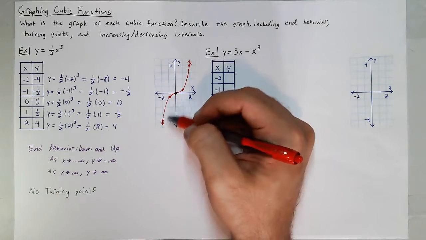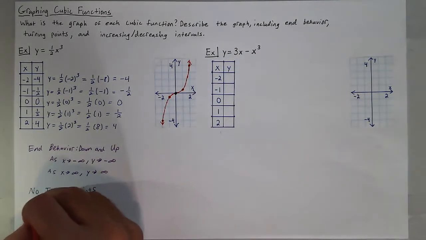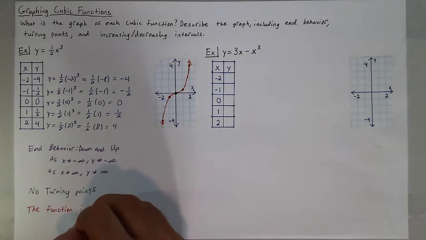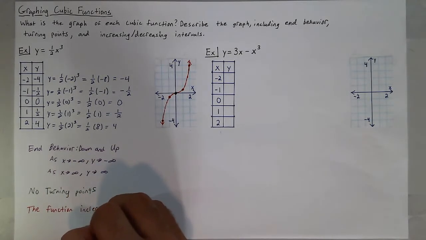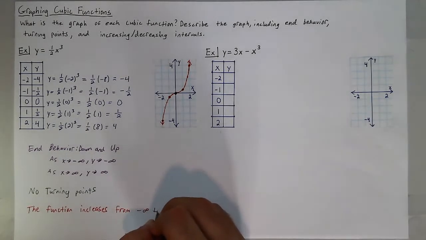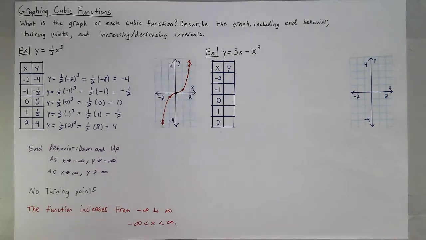So we say it's increasing the entire time. So the function increases from negative infinity to positive infinity. And that's focused on the x variable. So negative infinity is less than x, which is less than positive infinity.